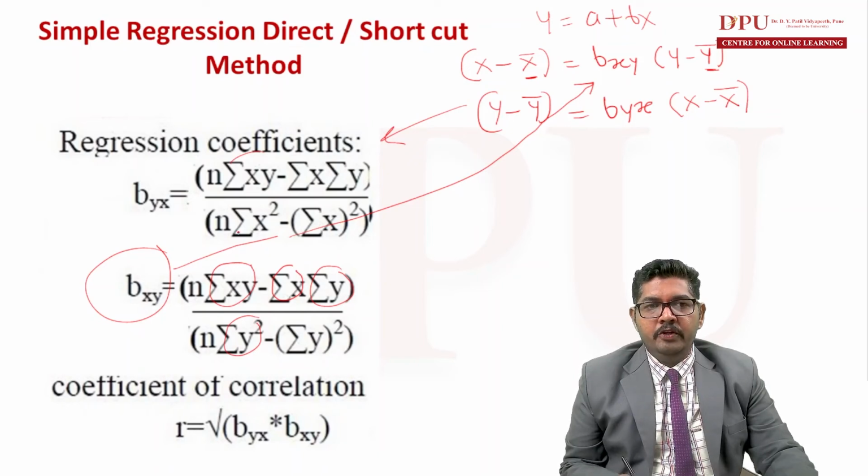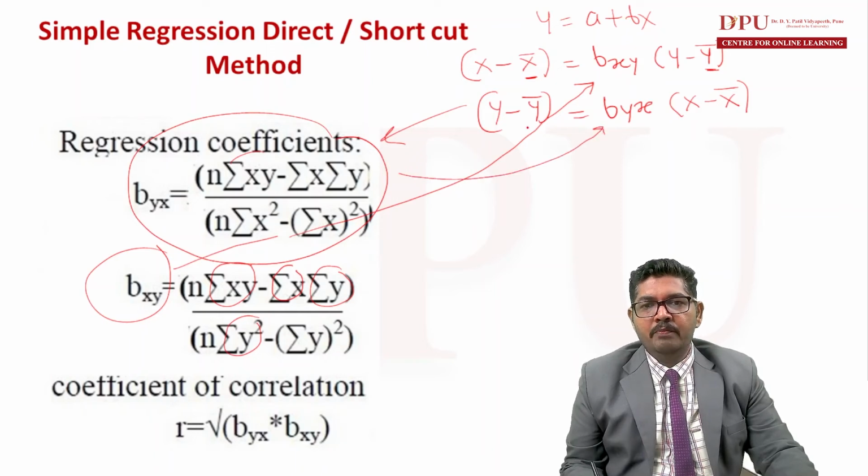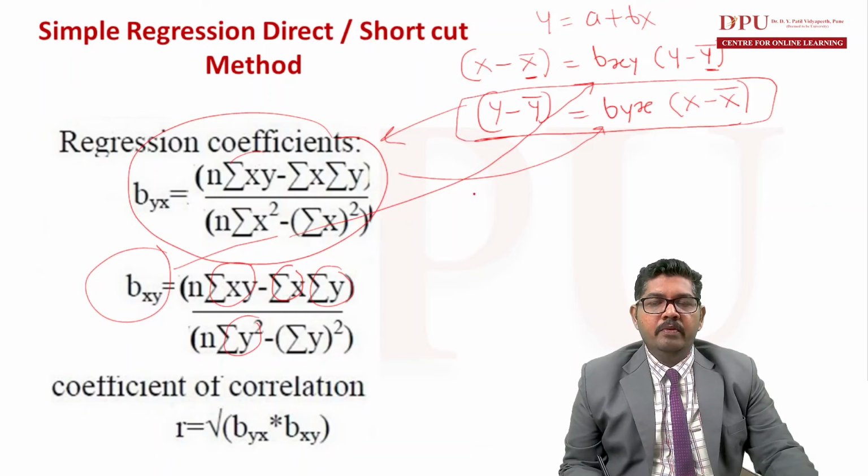Similarly, we can use the formula for the regression coefficient and put in the values of y bar, x bar and byx to get the equation of y on x. This equation is more important than x on y, because we are interested in finding the value of the dependent variable given the value of the independent variable.